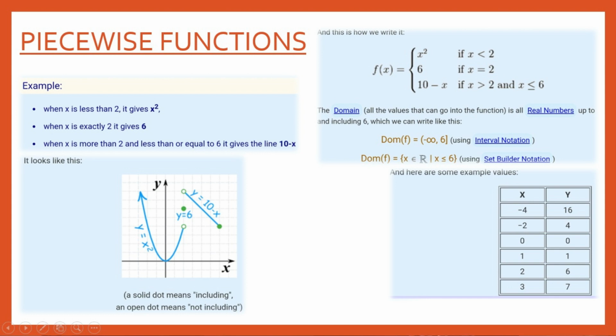This satisfies the first condition. When x is 2, therefore y is 6. This satisfies the second condition. And when x is 3, y is 7, since this satisfies the third condition.